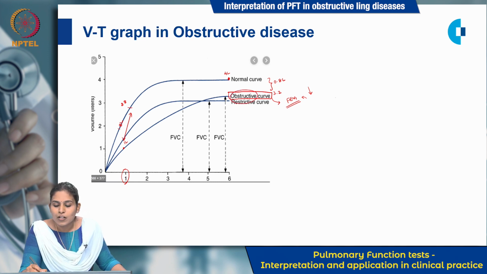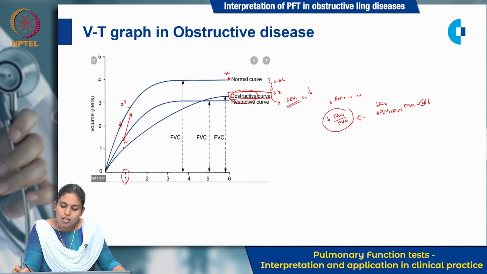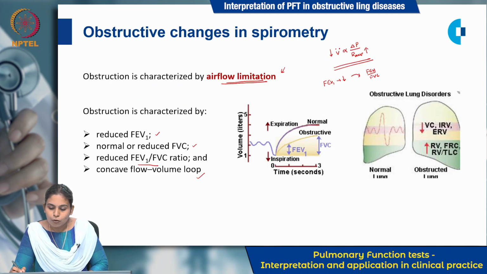We all know that when we take a ratio, if the numerator falls, obviously the ratio also falls. So because our numerator is falling, the FEV1 by FVC ratio is also automatically falling. So this is the dictum for your obstructive pattern: reduced FEV1 and reduced FEV1 by FVC ratio, whereas the FVC can be normal or reduced. Okay, if we remember these points, it will be very good.